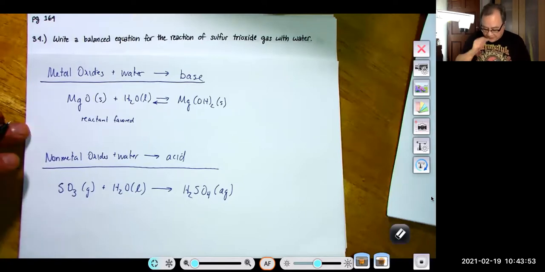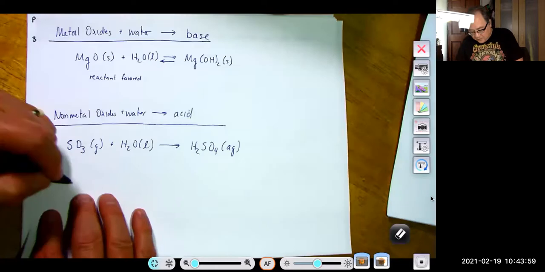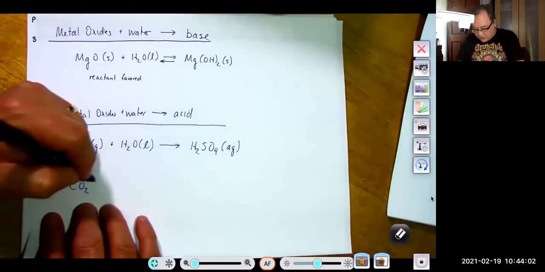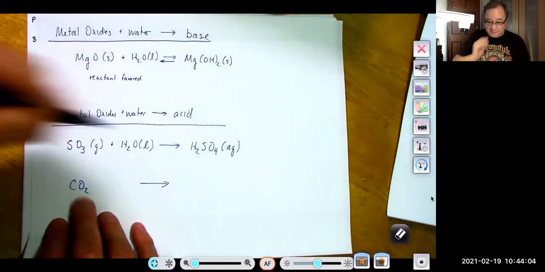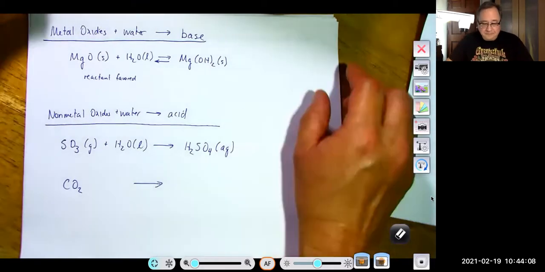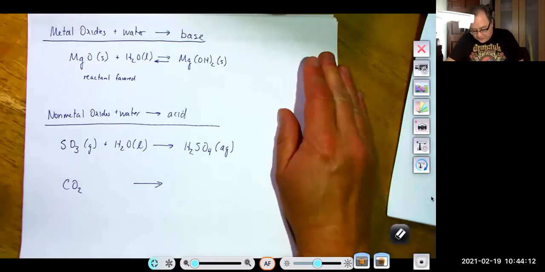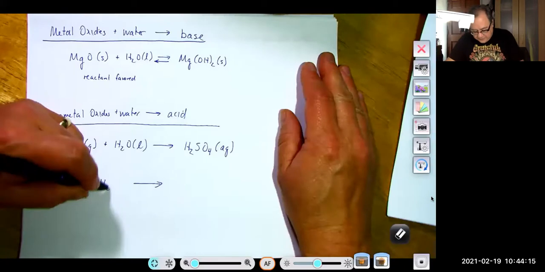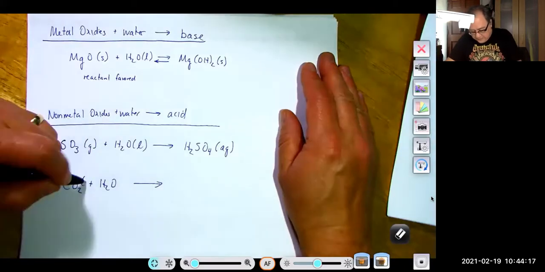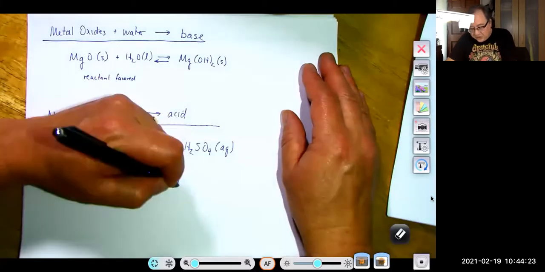So you want to remember these two. Now, there are some other examples, so I'm going to give you one now. What product do you make from CO2? Because you also get this from burning coal. So CO2 plus H2O gives H2CO3, right?